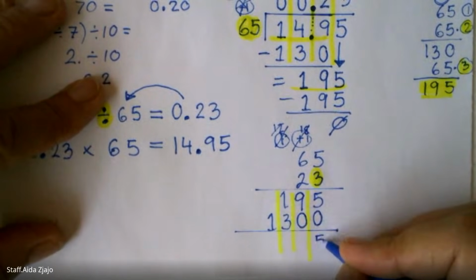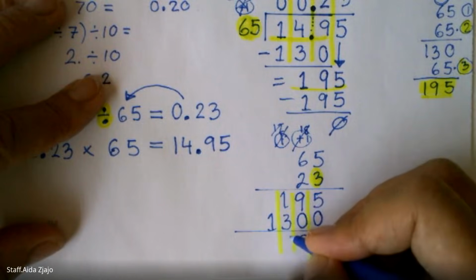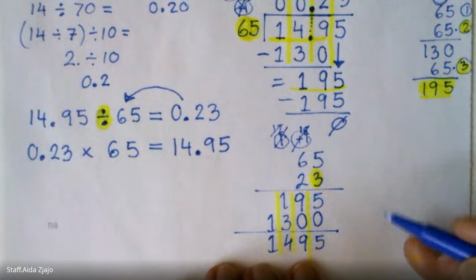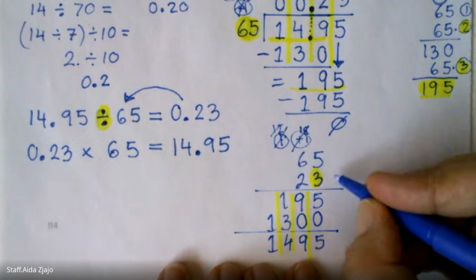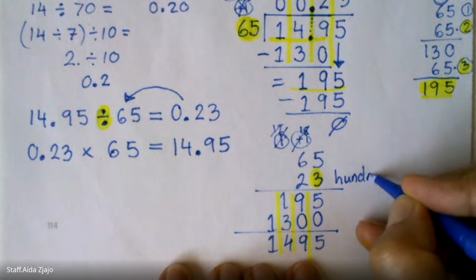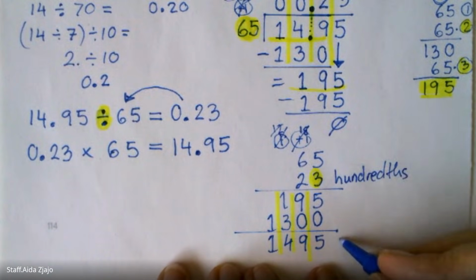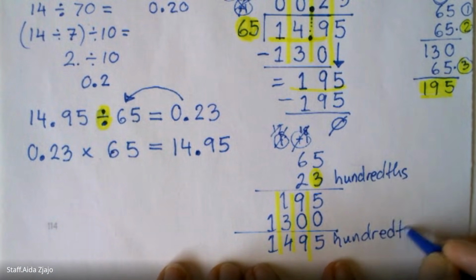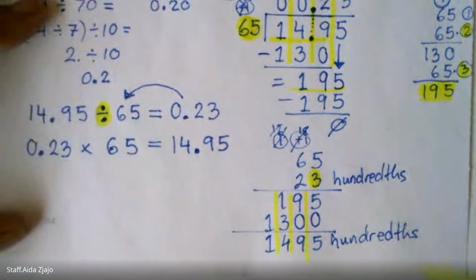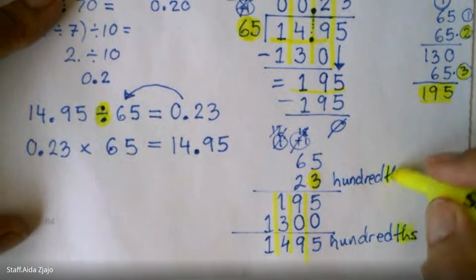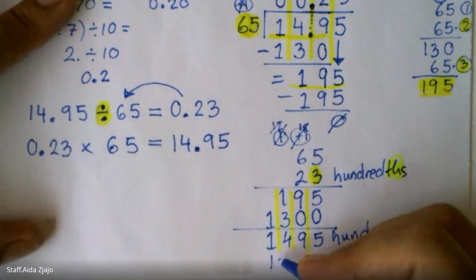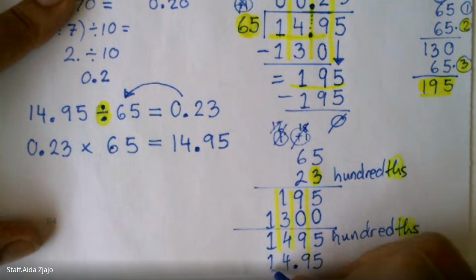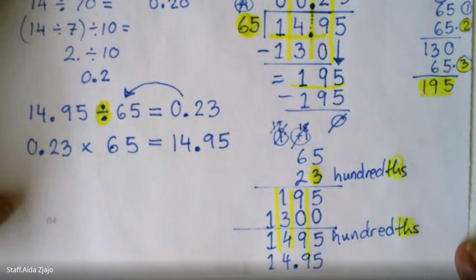5 plus 0 is 5. 9 plus 0 is 9. 3 plus 1 is 4. And 1. That is 1,495. But where are these 23 hundredths? So when they are hundredths, then we have to change it into the standard number, which is 14 and 95 hundredths. 14 wholes and 95 hundredths.